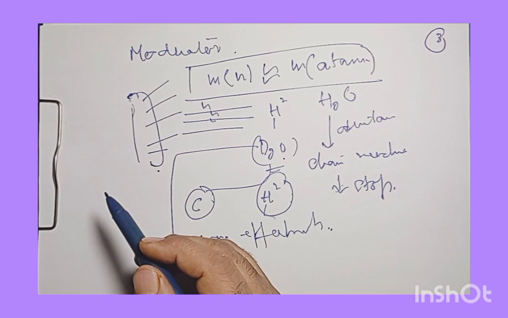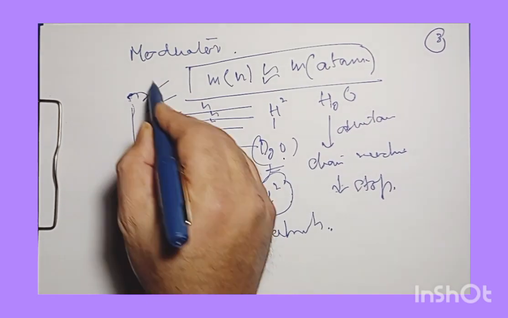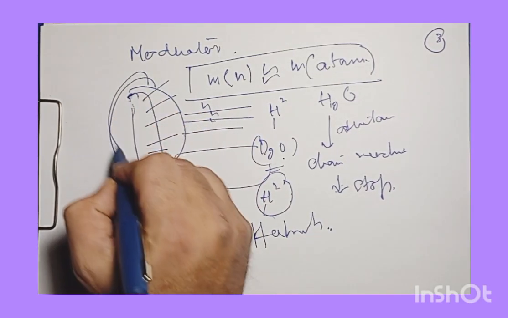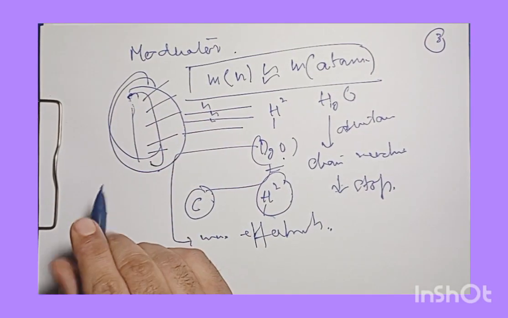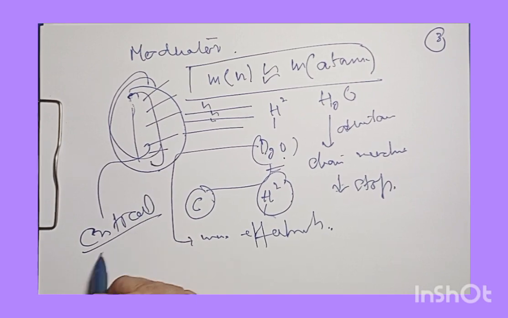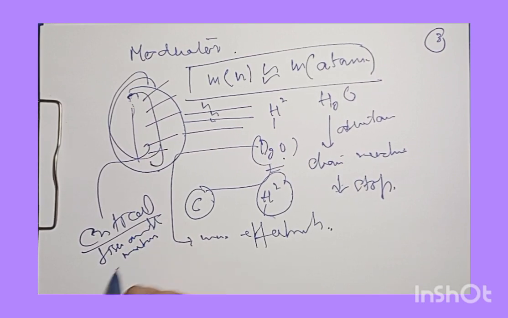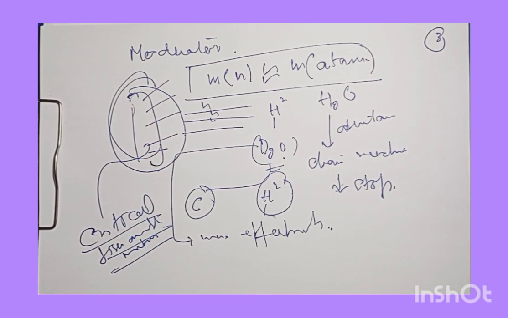Hence, the chain reaction cannot sustain. So, what is important is that the size of this fissionable material should be larger than some critical size, from where a reaction has to be started.